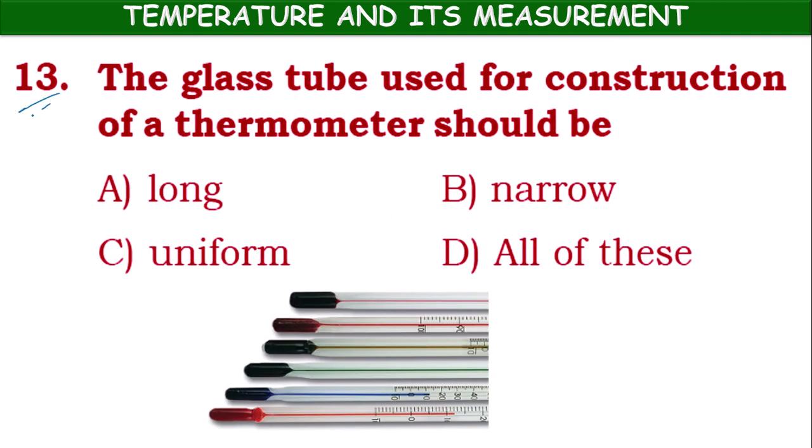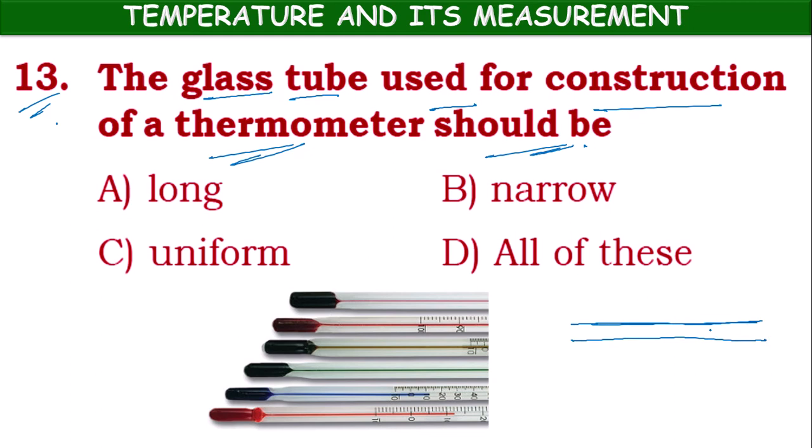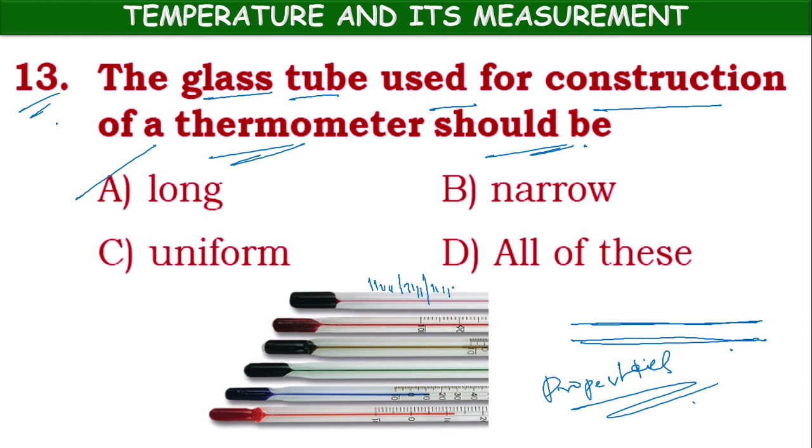Next, 13th question. The glass tube used for construction of a thermometer should be what? Whatever glass tube we use for constructing the thermometer, what kind of properties should it possess? It should be long for calibrating the temperature, for noting down the temperature values.